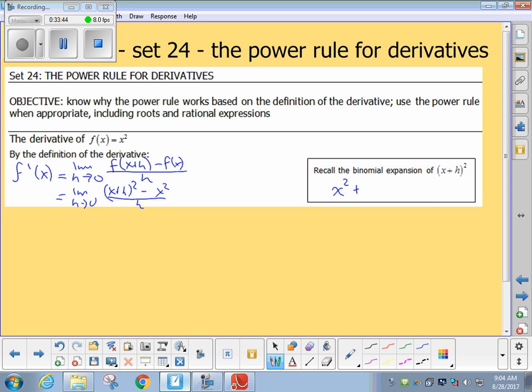X squared plus 2xh plus h squared. So when I throw in that binomial expansion, I get x squared plus 2xh plus h squared minus x squared over h. Now, in each of these cases, you're going to see the same kind of thing happening. X squared subtracts away.